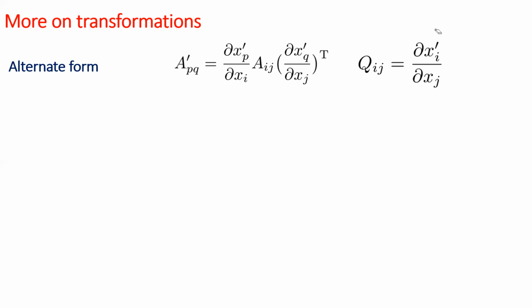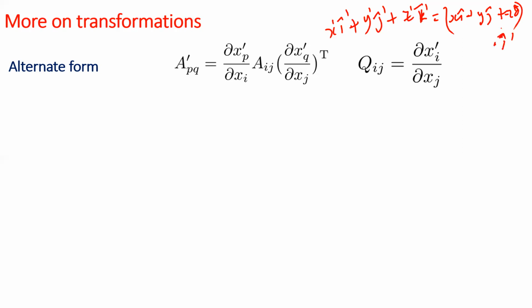We had x prime i prime plus y prime j prime plus z prime k prime equals x i hat plus y j plus z k. And then we started taking the dot product, first with i prime. So that is how you get this.